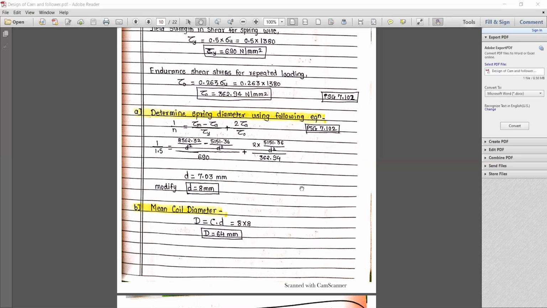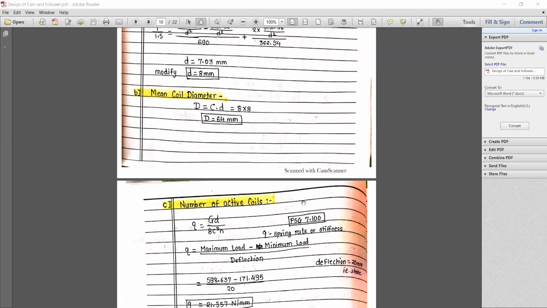Putting all the values and properly calculating the diameter of the spring, d is equal to 7.03. So modified, d is equal to 8 mm. Then the mean coil diameter, capital D, is equal to C into d. So it is 64 mm.